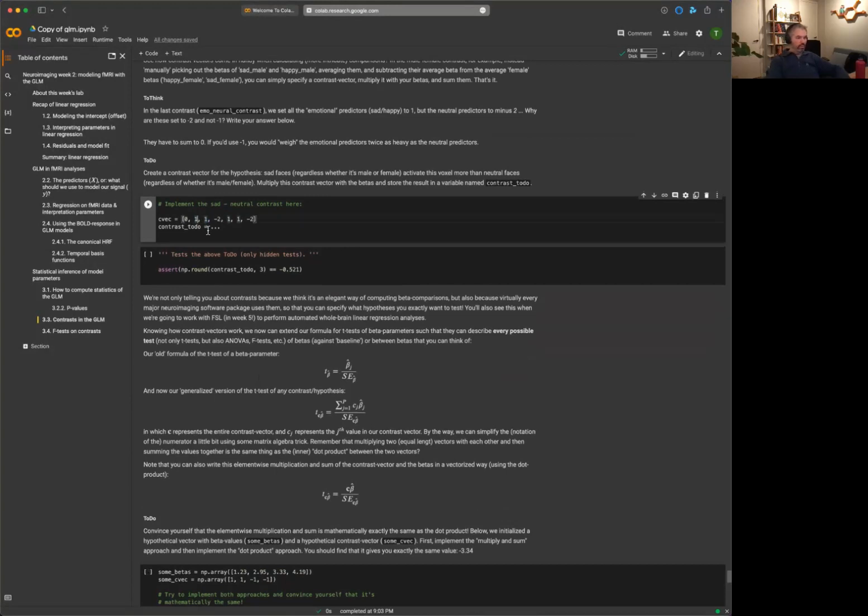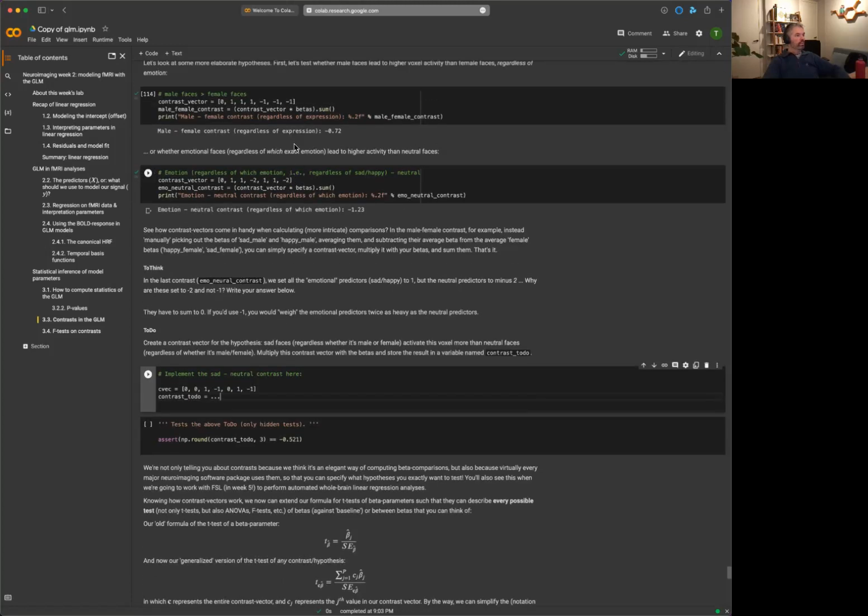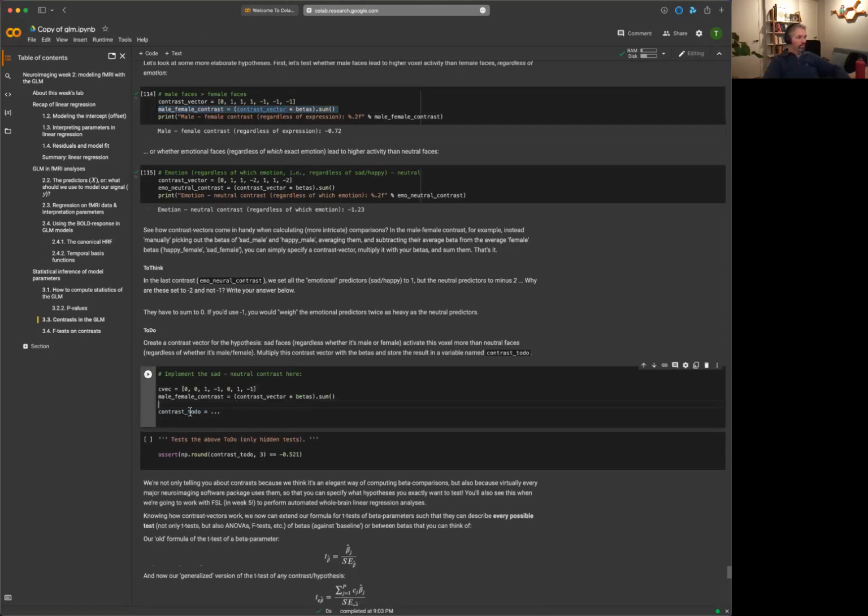So my contrast vector is, I'm not using this. This is sad, and this is neutral. This is not part of this thing. Sad and neutral. And of course, I'm going to just copy most of the code that I need to write. There's a contrast to do.